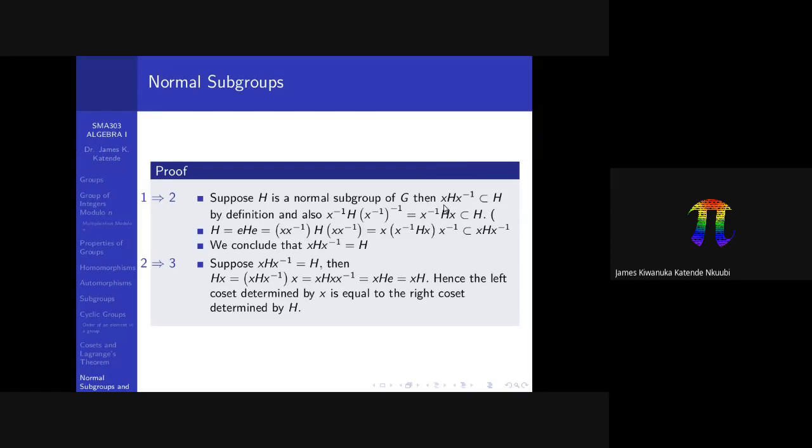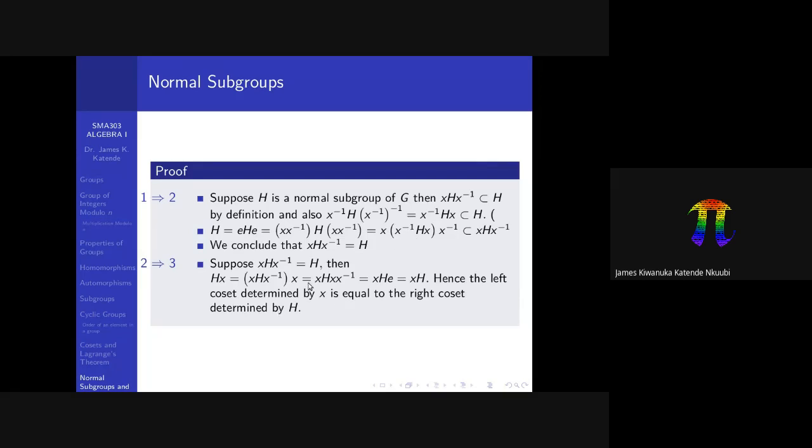So here we have shown that from the definition, which was the assumption in one, that H is normal, we have this inclusion: XHX inverse is contained in H. And then we have also shown that H is contained in XHX inverse. So that forces them to be equal. So we have shown that 1 implies 2. Statement 2 claimed that XHX inverse will be equal to H as long as H is a normal subgroup, and this should be true for all X in G.